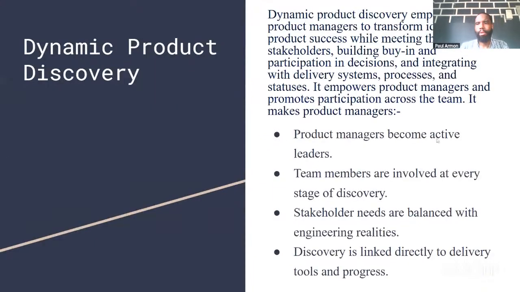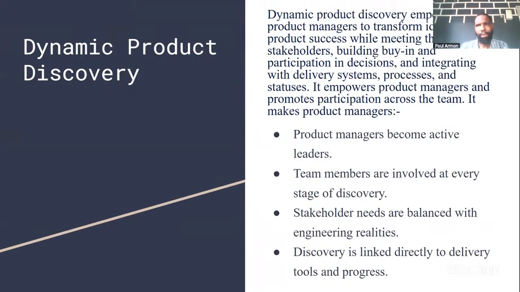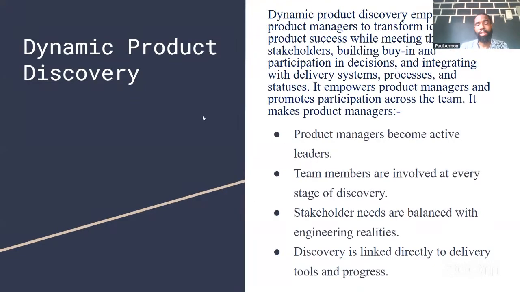Now I'm going to move away from that and talk about dynamic product discovery. All the while now I've been talking about the traditional pattern of product discovery. Dynamic product discovery empowers the product managers to take ideas to product success while meeting the needs of stakeholders, building buy-in and participation in decisions, integrating with delivery systems, processes, and status.